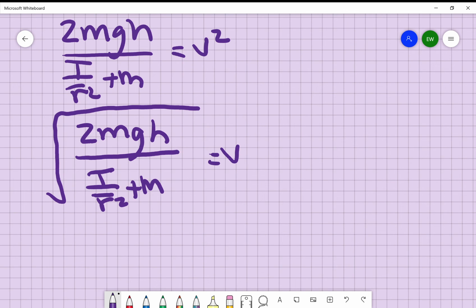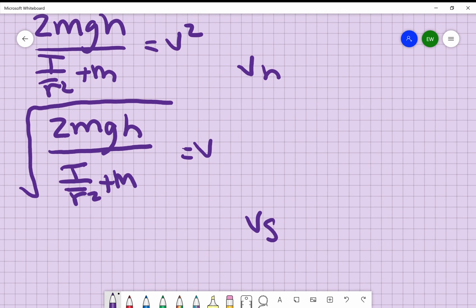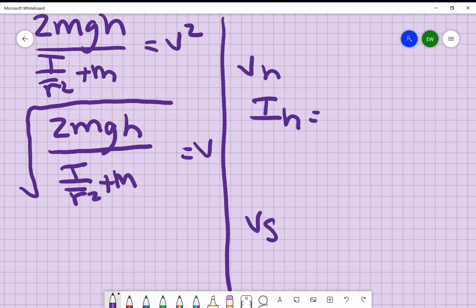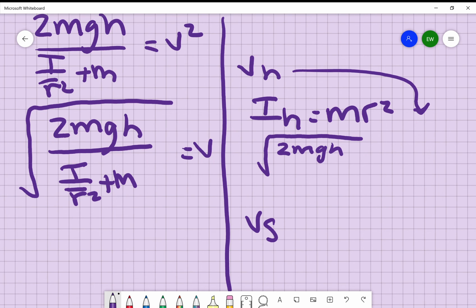Now that I have a solid equation for v, I can find the v of the hollow cylinder and the v of the solid cylinder, because each of those has a different inertia. The inertia for the hollow cylinder is equal to m r squared. So I'm just going to make that change here. It says the square root of 2mgh over m r squared over r squared plus m.